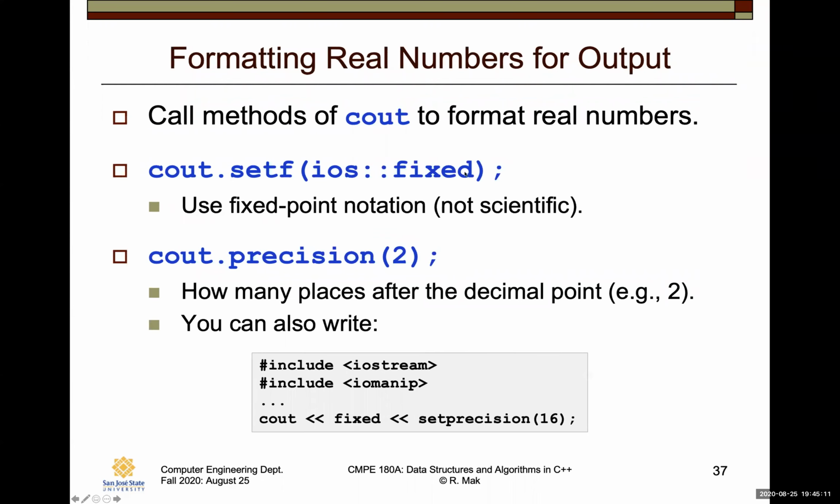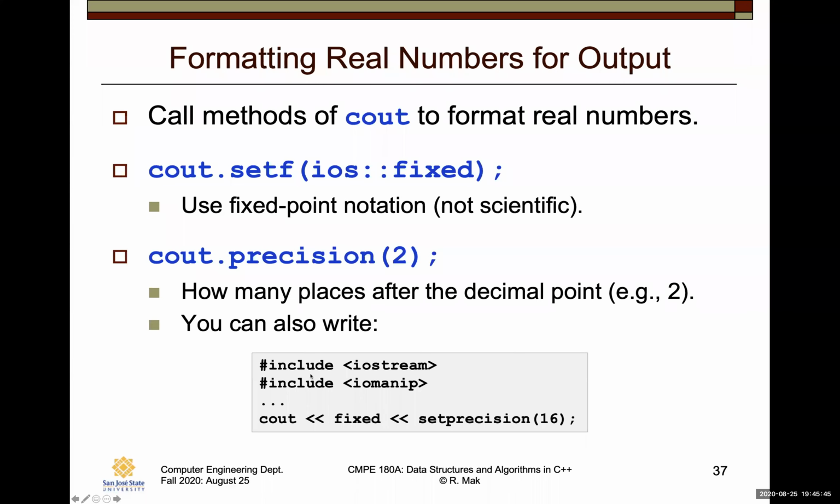Now if you want to specify how many digits of precision, then you call cout.precision, and here I'm saying I want 2 places after the decimal point. This is kind of a cumbersome way of doing it because these are individual statements. Remember, every statement ends with a semicolon. Another way to do it is this way.